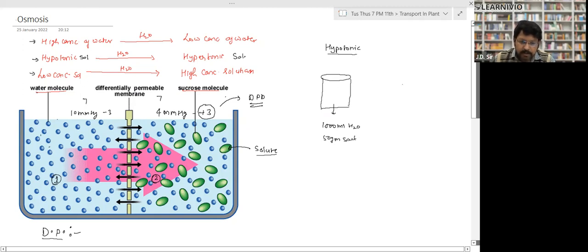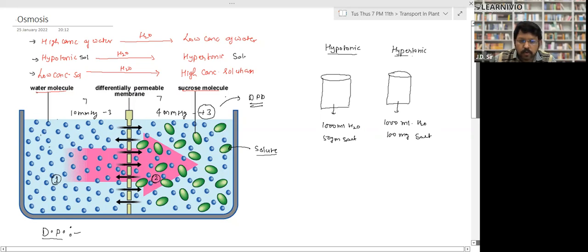And comparatively, in this solution, in the same way I have 1000 ml of water, and here I have 100 milligrams of salt. So this is the higher concentration, and I will call it hypertonic, right?